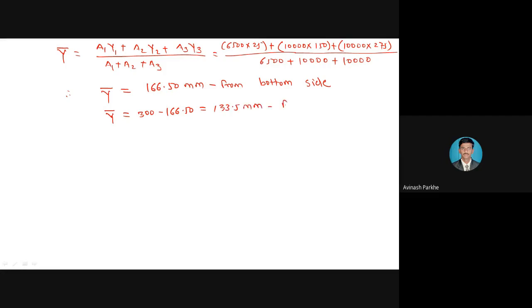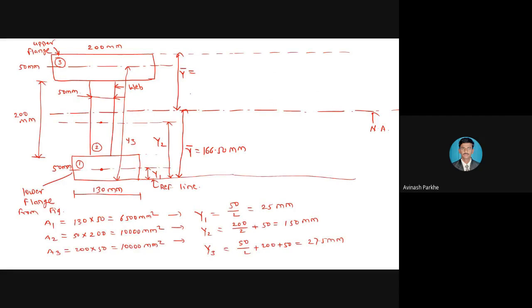In front of that, write down from top side. Initially, whatever y bar I have calculated, 166.50, that is represented from the bottom side, meaning I have represented the position of neutral axis. Please check on the figure. Position of neutral axis and y2 distance, it is totally different.